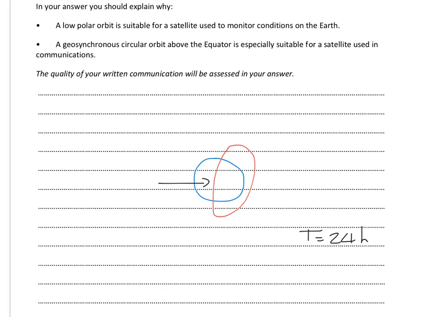Whereas a geosynchronous satellite tends to be better for communications, because you just point your aerial or your satellite dish or whatever it is at a fixed point in the sky, and then you don't have to move it. Whereas for polar orbits, satellite dishes have to be able to move and track across the sky, which is quite a disadvantage.